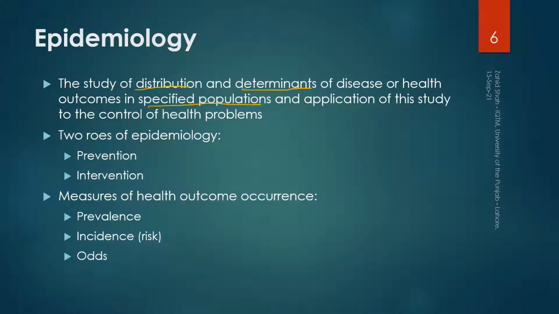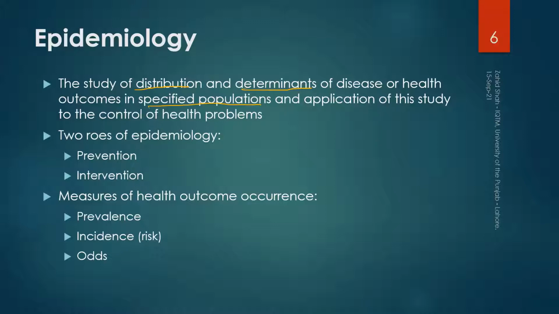One is prevention and other is intervention. So ideally, a disease or a health problem should not occur, and if it does in a population, then there are different interventions that the experts of this field can make to stop or reduce the spread of that medical problem.